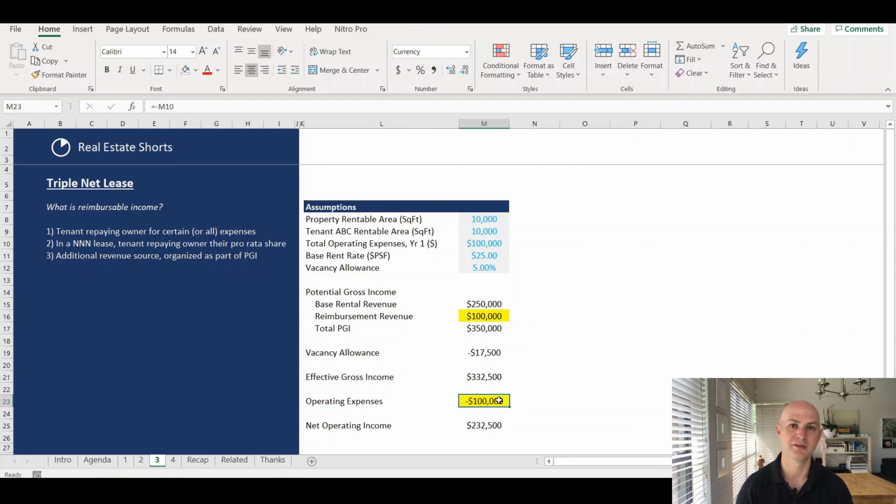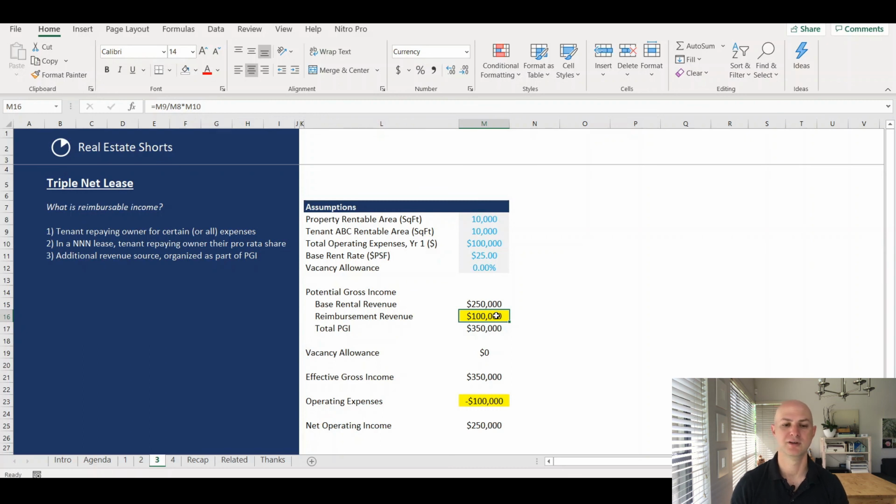And I think this is what we can do to begin to segue into the actual mechanics of a reimbursable expense. So from here, I think we just simply need to recognize that the owner is going to pay the expense, and then the tenant is going to reimburse them for that expense, leaving a net operating income of $232,000. So a few things to keep in mind.